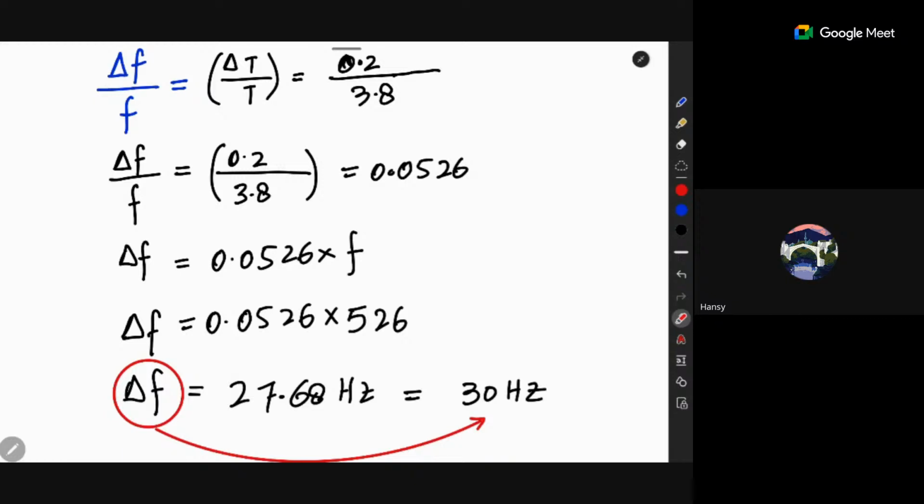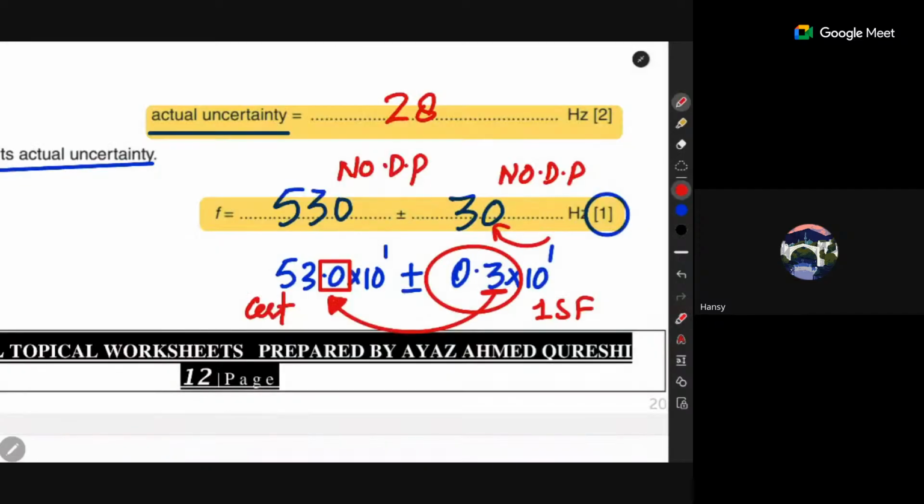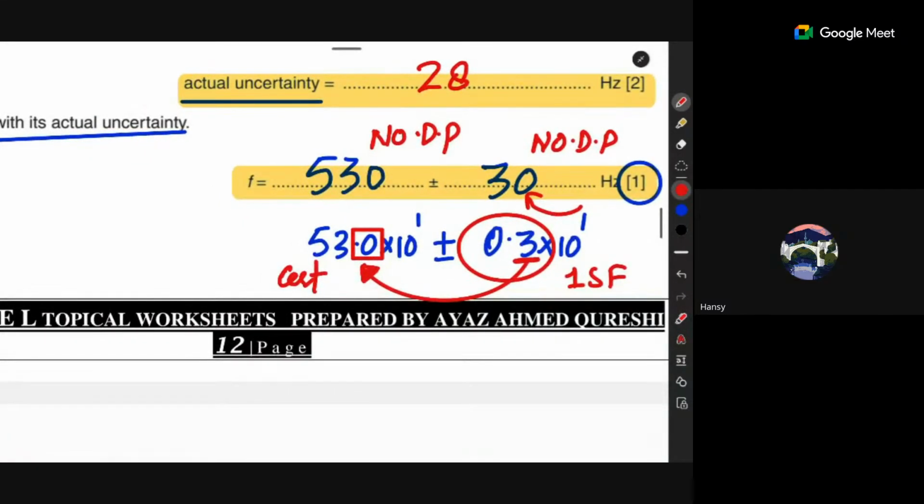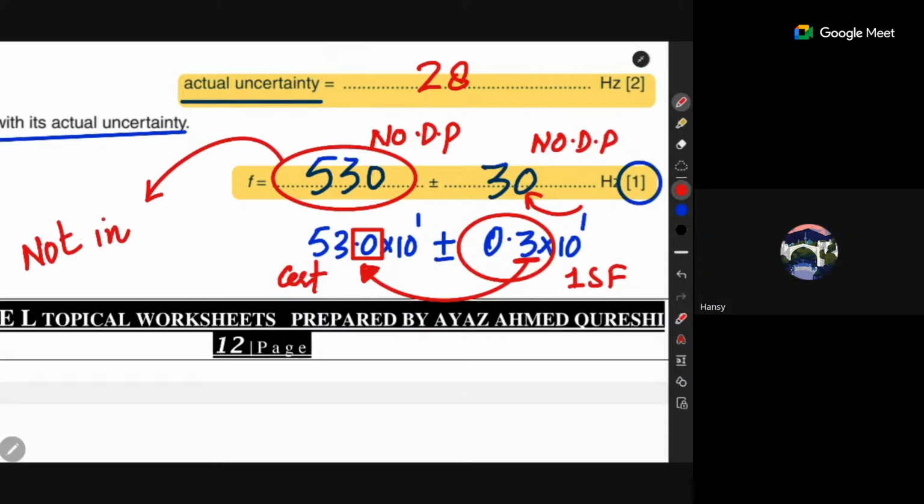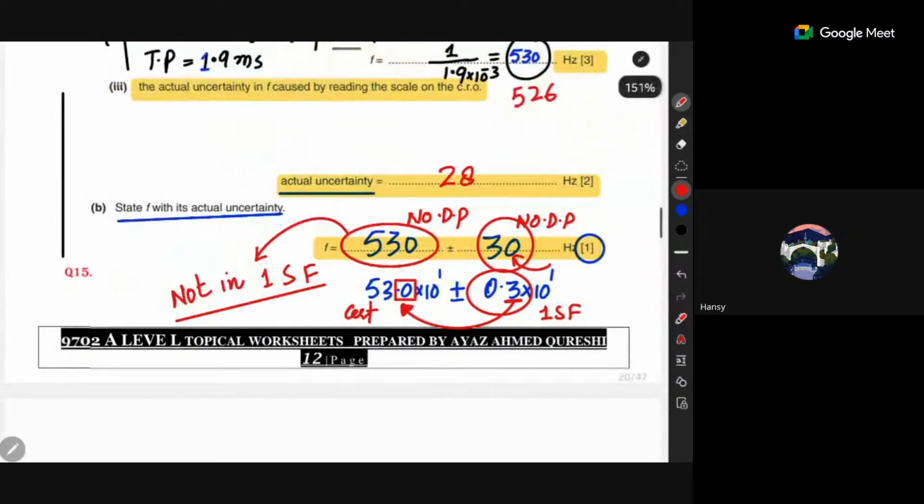Sir, if we are doing it to one significant figure, then why have we written 530 and not 500? Who told you this thing? Only the uncertainty we have to write in one SF, right? Remember this thing. This is the only thing which is in one SF.